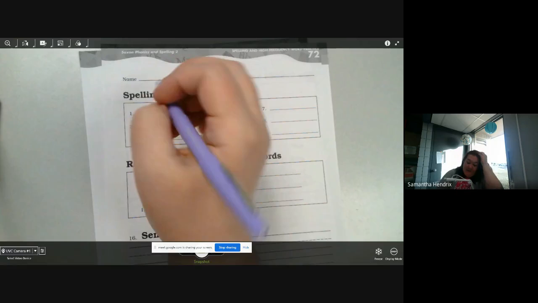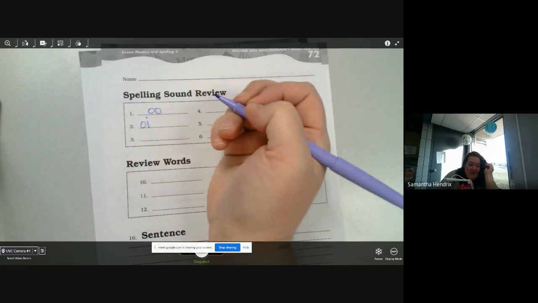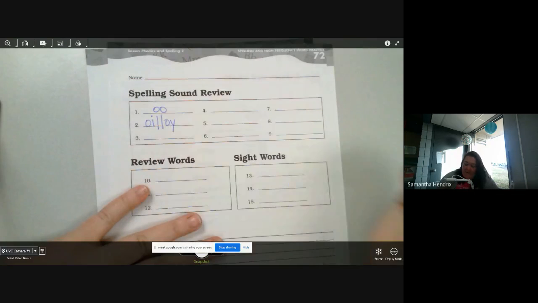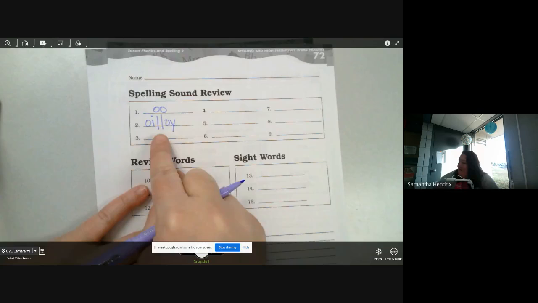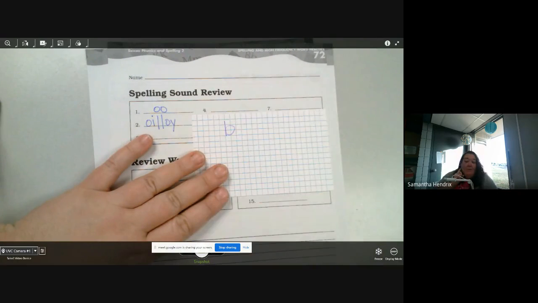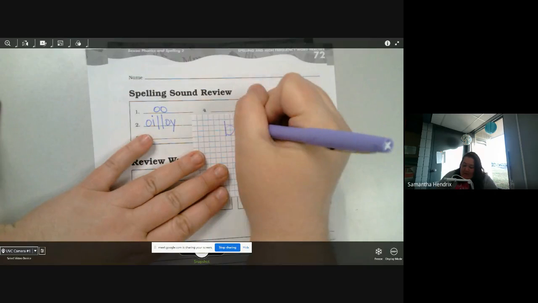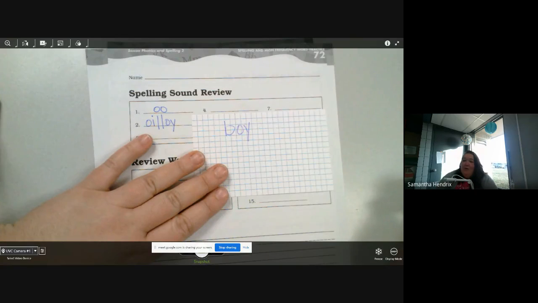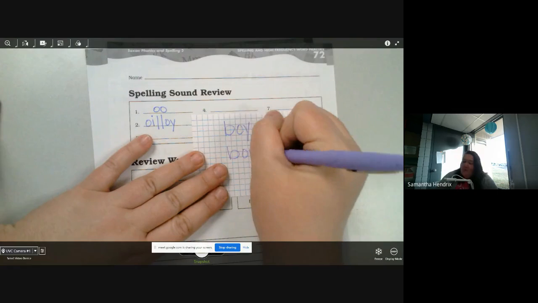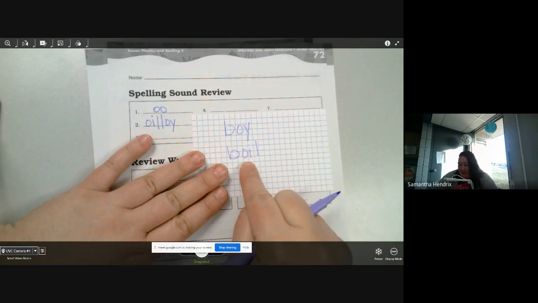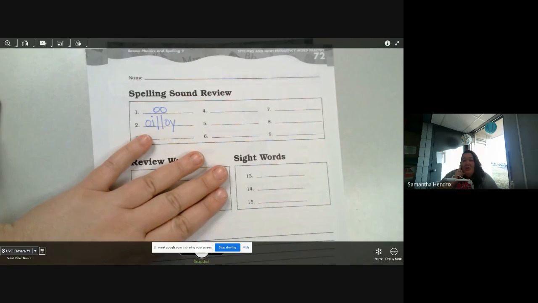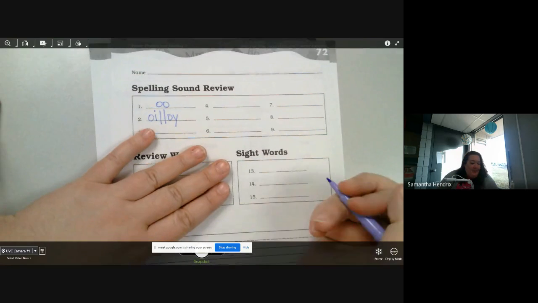So we have oi. Or if it's in the final position, it's oy. Okay, those make the same sound, oi. So that was our lesson. If boy, oh boy, I hear it at the end, so it's going to be oy because that's final position. Or if it's boil, oi, that's in the medial position, so it's oi. So oi, initial or medial, oy if it's at the final.